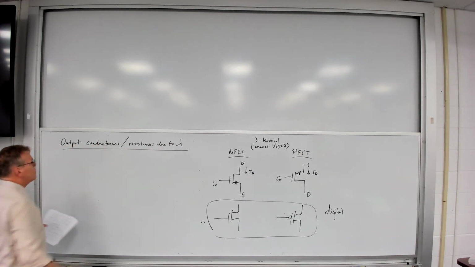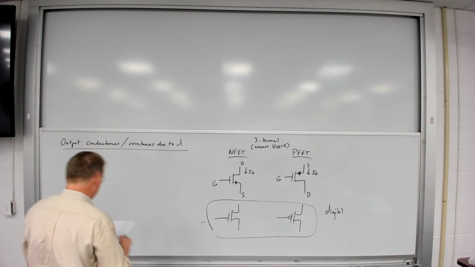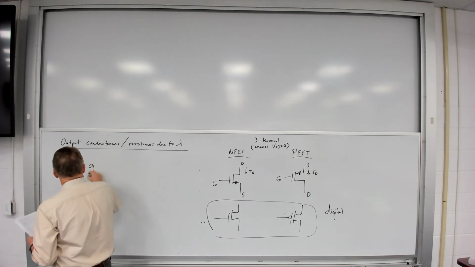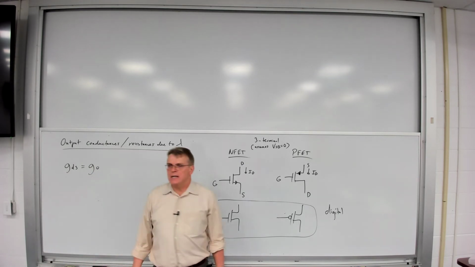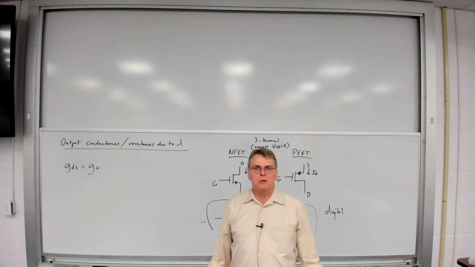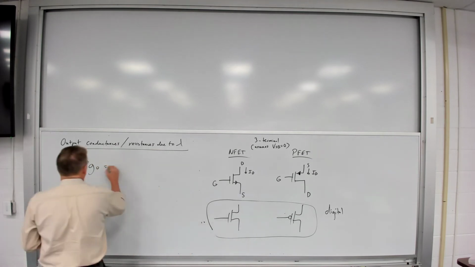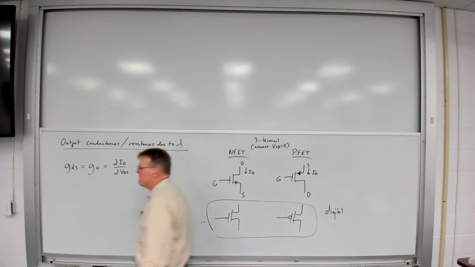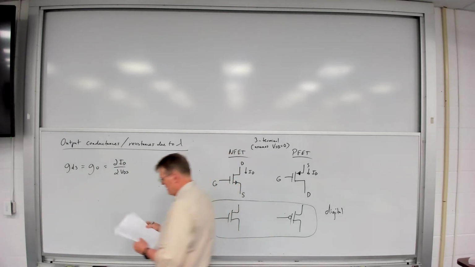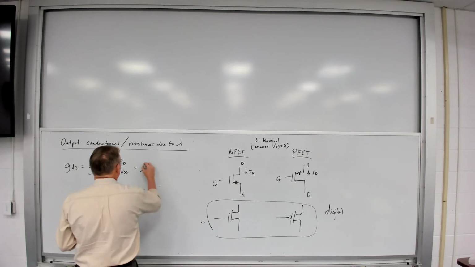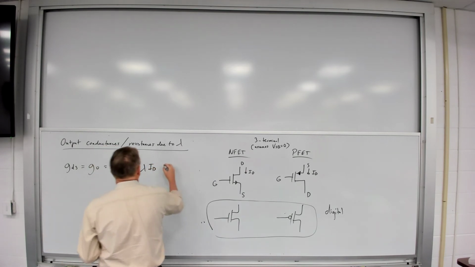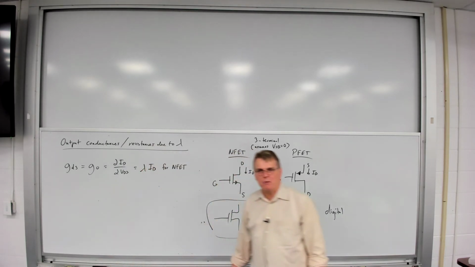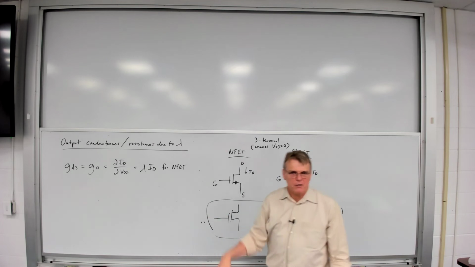So if we consider output conductances or resistances due to lambda, then GDS, instead of GDS, we'll typically call this G sub O, the output conductance. It'll be the derivative of ID with respect to VDS, and that'll be equal to lambda times ID for the NFET. If we take our equations and do that derivative, I'm not going to bother to do it, but I'll just give you the result.